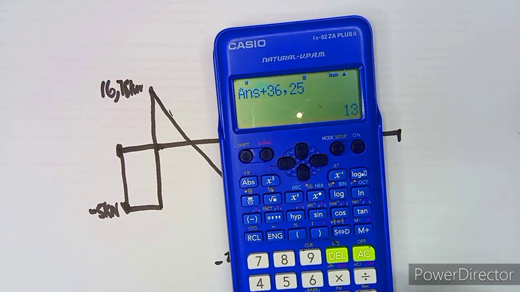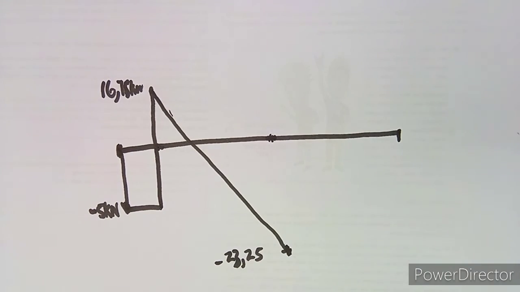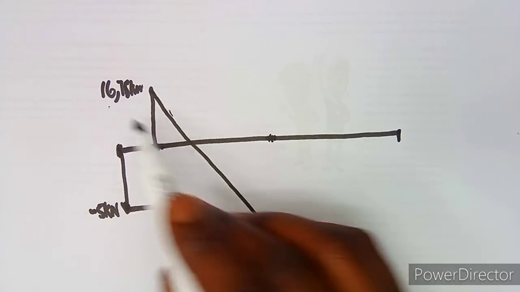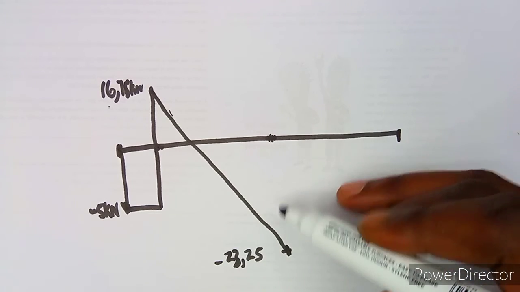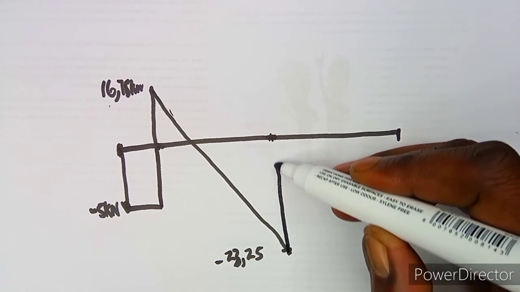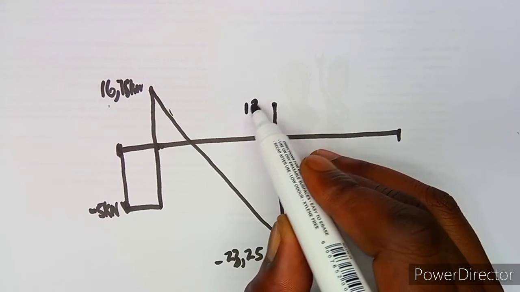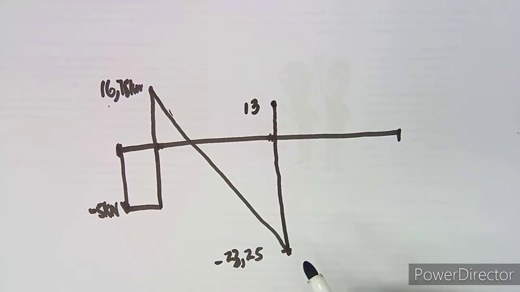We are now at 13. As we can see, 13 is actually below this point 16 according to your measurements. So let's just say this is our point 13. So you just do proper measurements, guys.